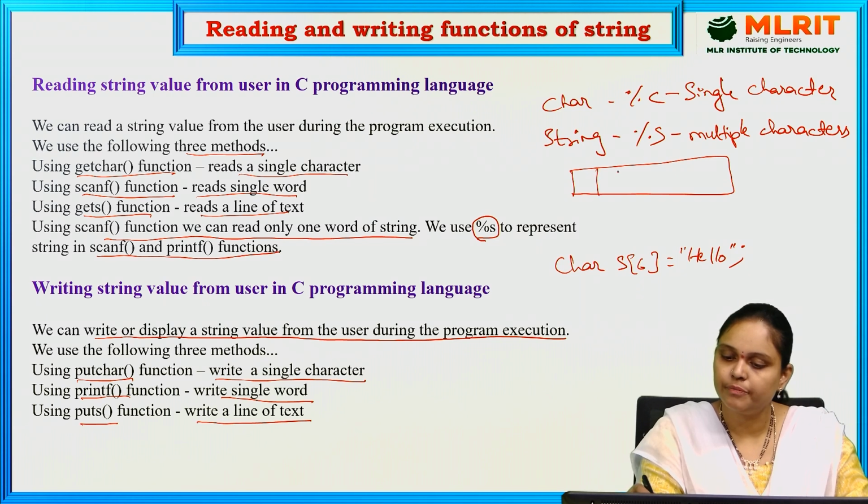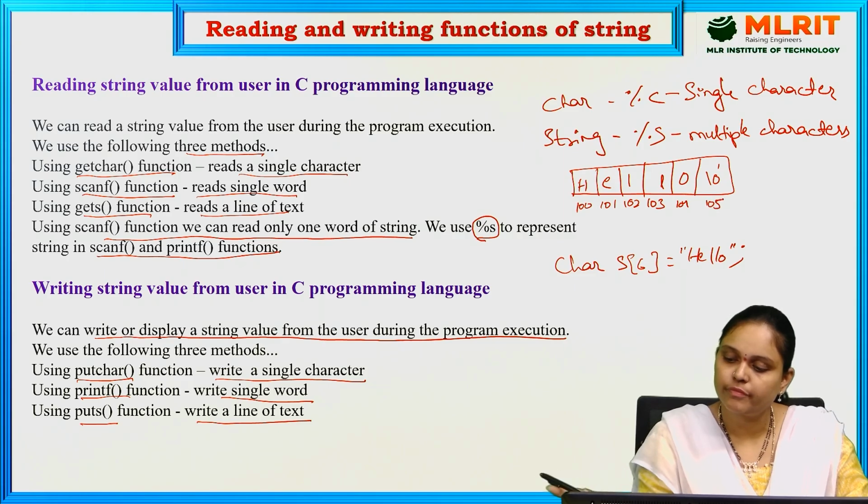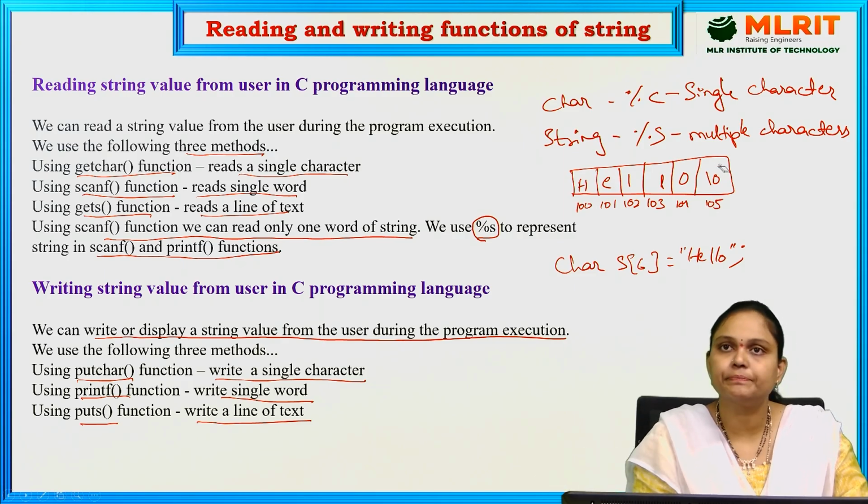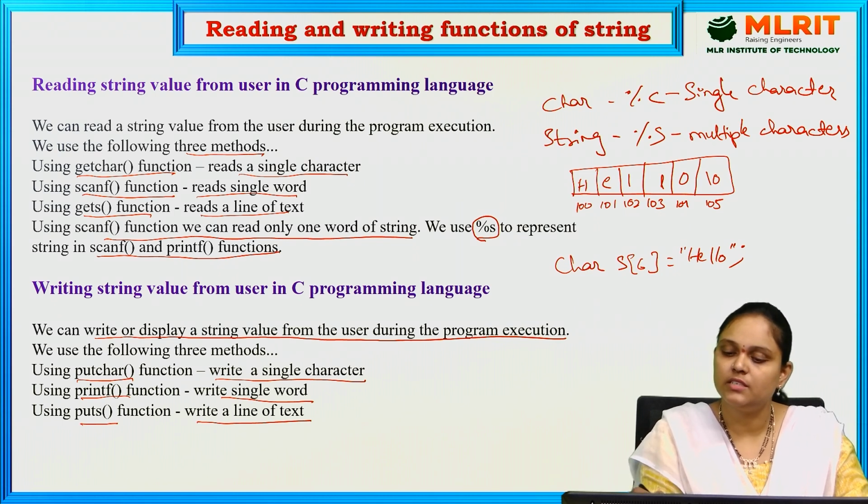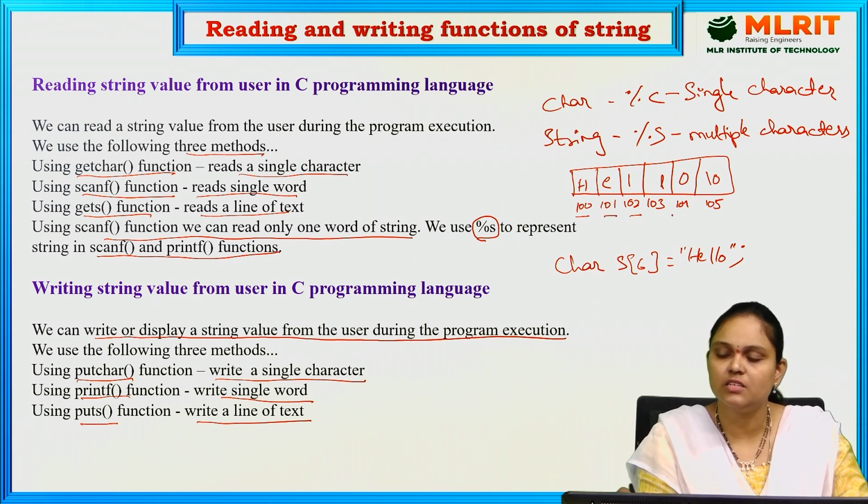At that time, 1 byte is used to store one particular character, that is h, and the next byte is used to store the second character, and the next byte the next character, and the next byte the next, and the next byte is used to store the null character. As we discussed this concept in arrays, here the size of the data type is 1 byte. So 1 byte is used to store one single character. That is the reason why here we are taking the memory addresses, each having only 1 byte.